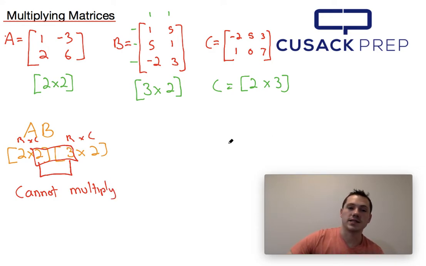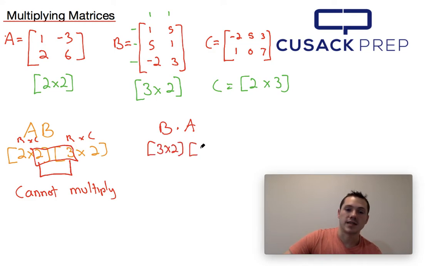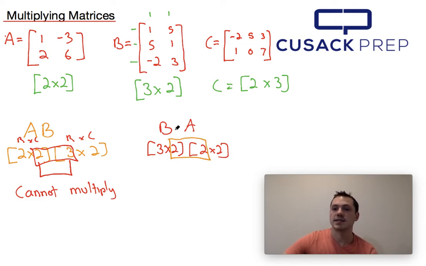However, let's say I wanted to do matrix B times matrix A. Well, matrix B is a 3 by 2 matrix. Matrix A is a 2 by 2 matrix. So what we find is that the columns of the first matrix match the rows of the second matrix.